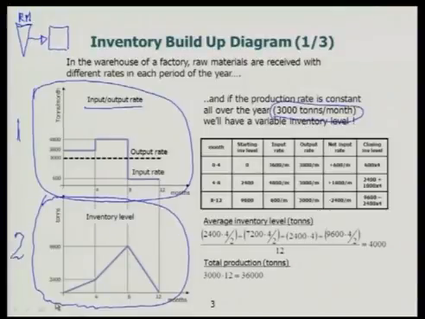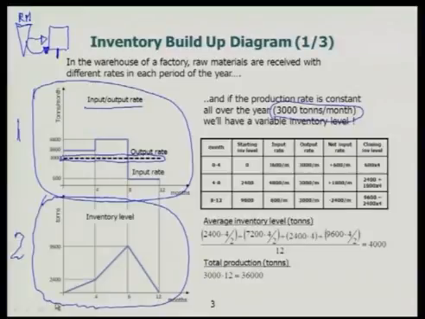So the production rate of the machine downstream of the inventory is the output rate from the inventory, because it's the rate at which the materials are getting out of the inventory, and is described by this dotted line. The black dotted line is the output rate from the inventory, while the blue line is the input rate.